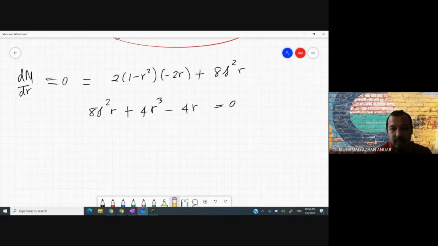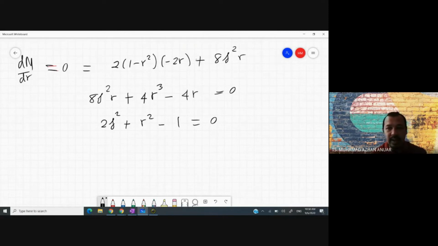So when we arrange this one, we divide it by r and divide by 4, so you get 2 zeta square, divide by r plus 4, divide by 4, then you get r square, and then you get minus 1 is equal to 0.